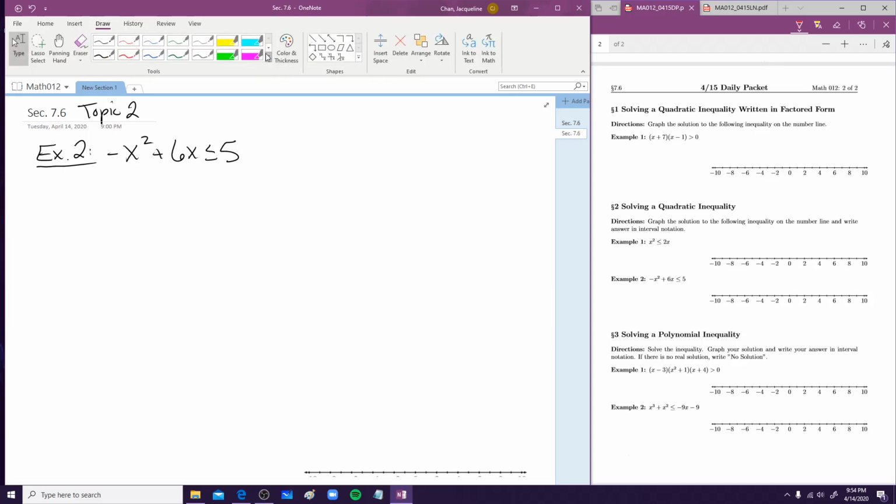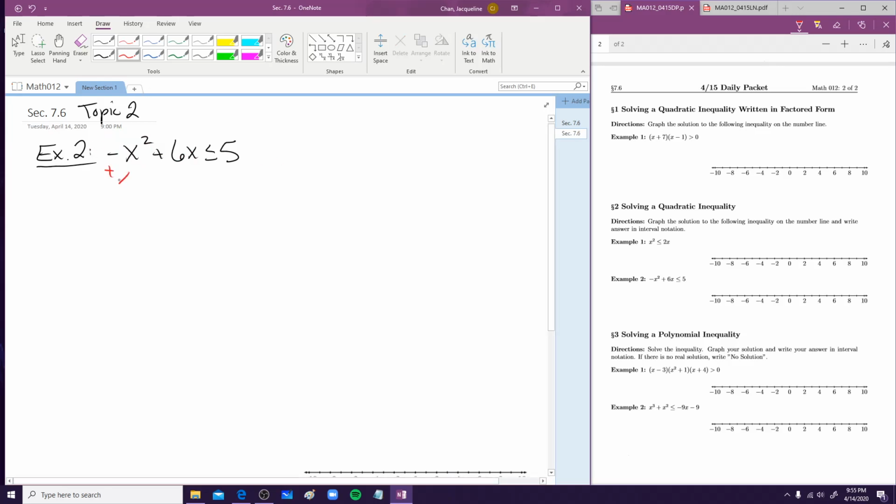How do I know which terms to move around? I'm going to look at the leading term, which is this one, and I'm going to look at its coefficient. The coefficient is -1. Since it's less than 0, it's not positive, I'm going to move these two terms to the other side.